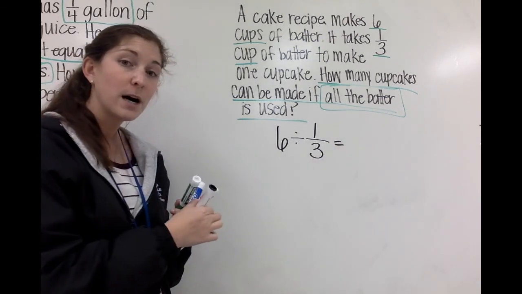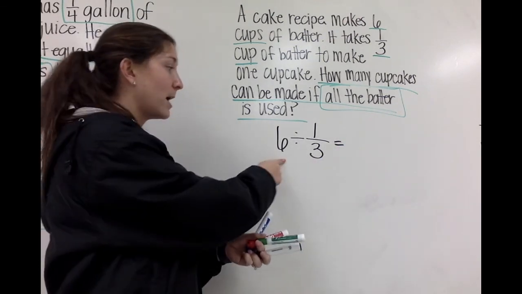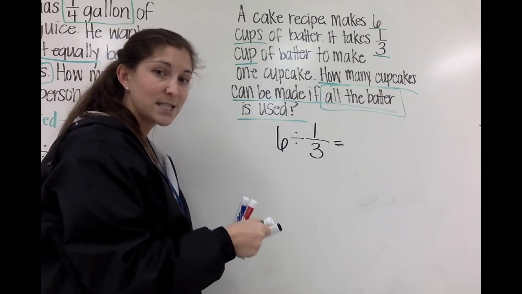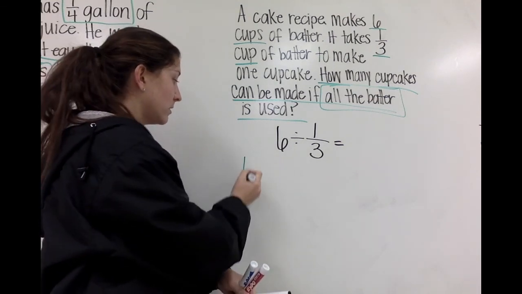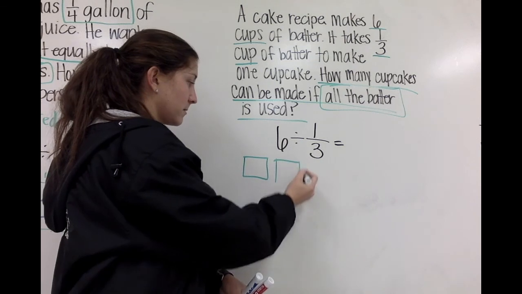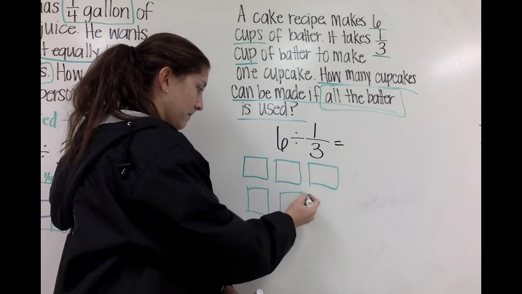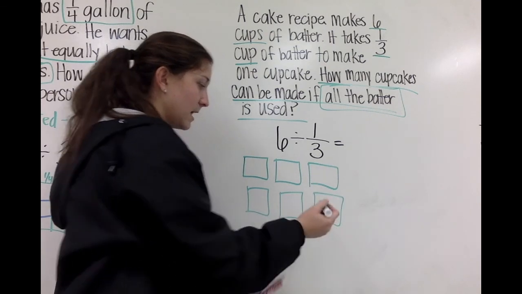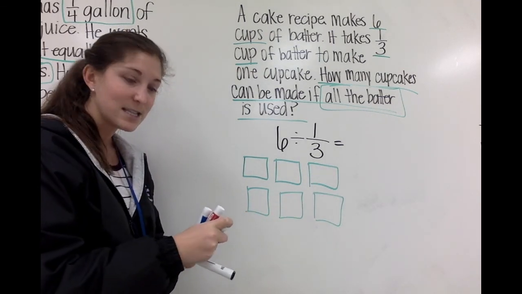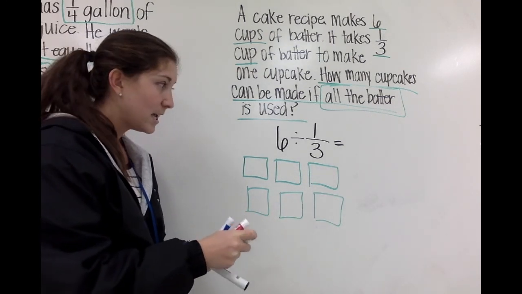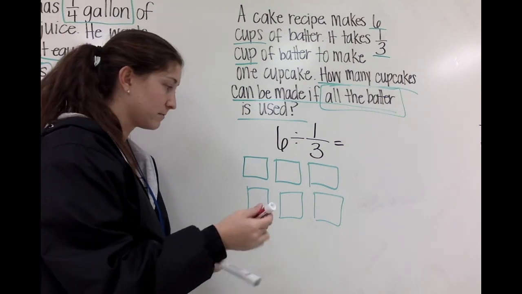In order to model this, I have to model the amount that I start with. So I start with 6, I have to model 6 pieces. In each of those 6 pieces, I've now got to cut them into thirds.